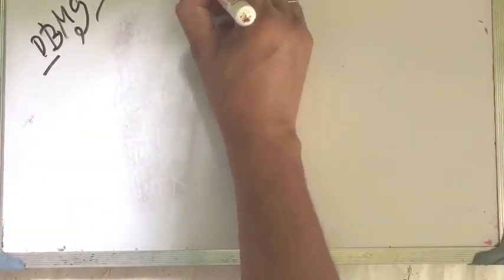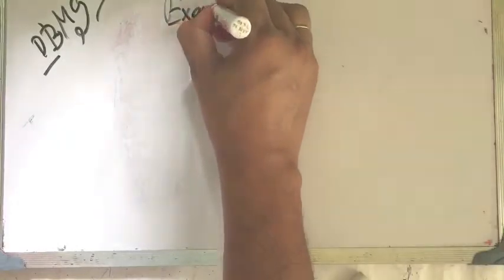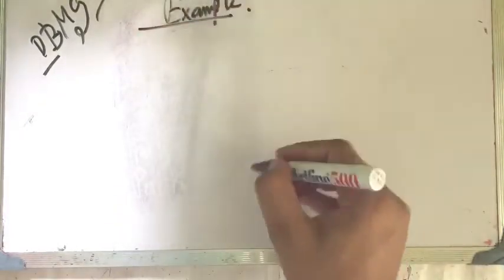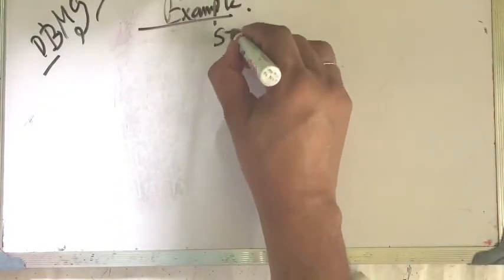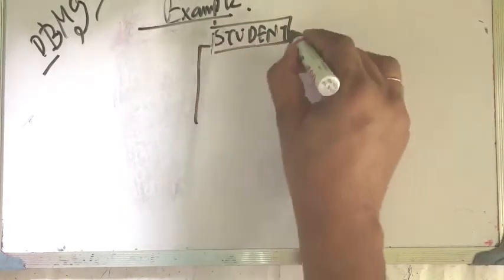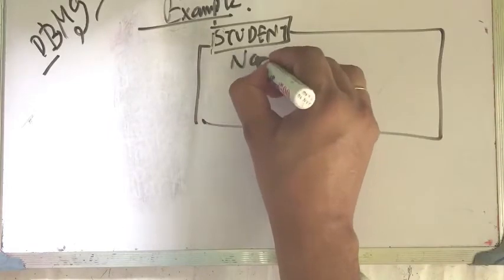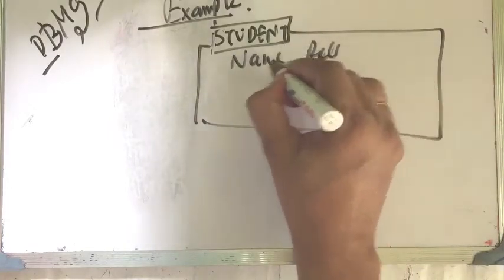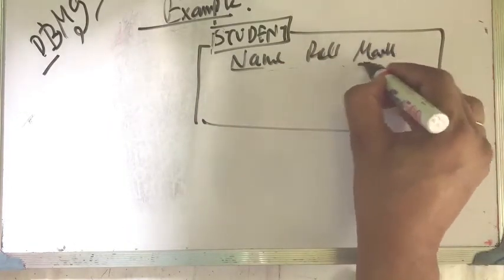Now let us consider some examples. Suppose the table name is student, and it consists of name, roll, marks and address.